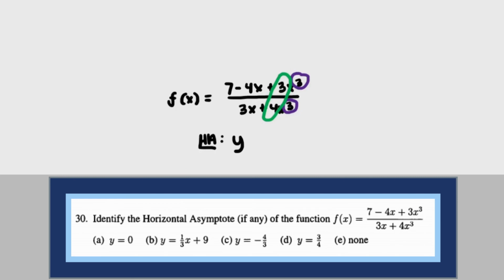But our horizontal asymptote is going to be 3 over 4. And that concludes that question. So the horizontal asymptote is at y equals 3/4. And the answer choice that matches up with what we got is answer choice D. So D will be the answer to number 30.